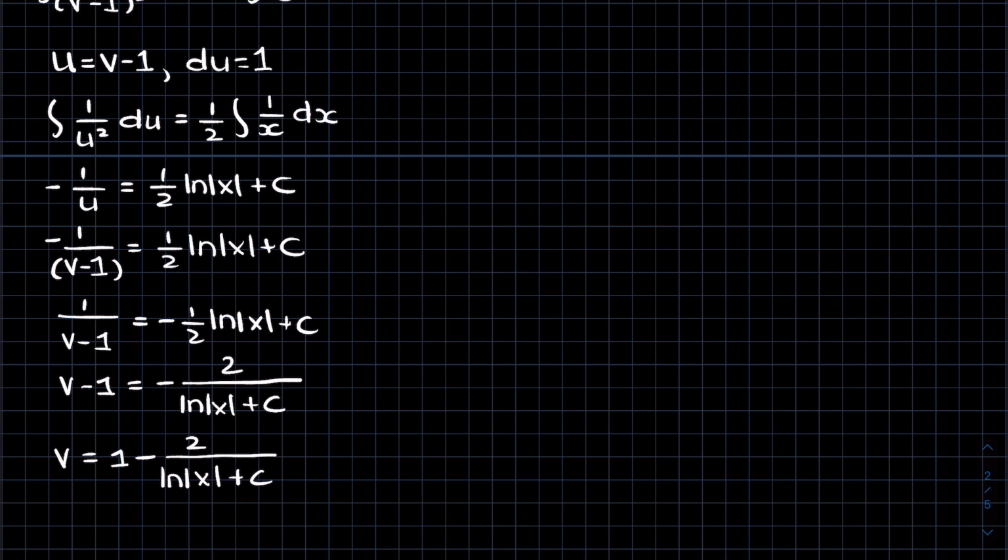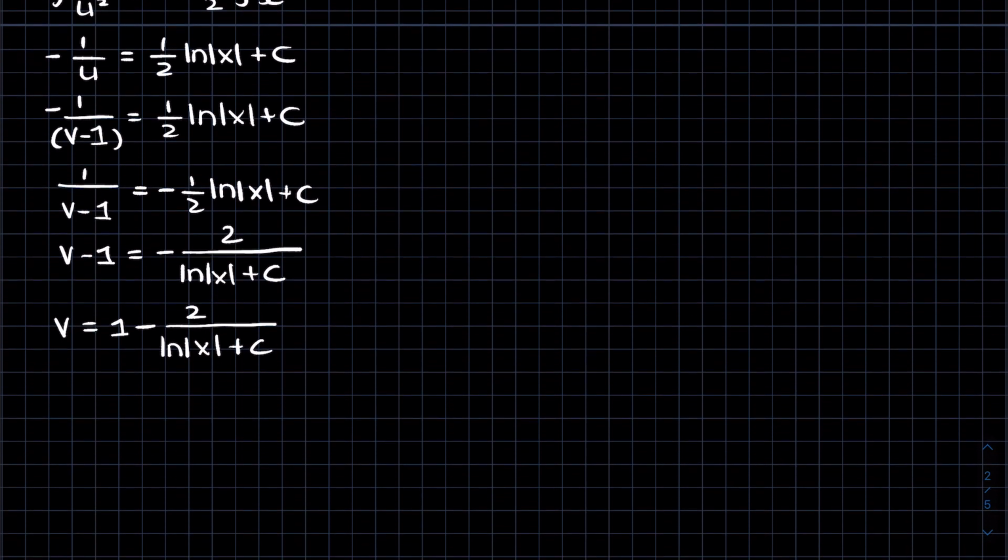Now if we remember at the start we let v equal y over x, so if we just plug this back in, we'll get y over x, and I'm just going to multiply through the x right now.